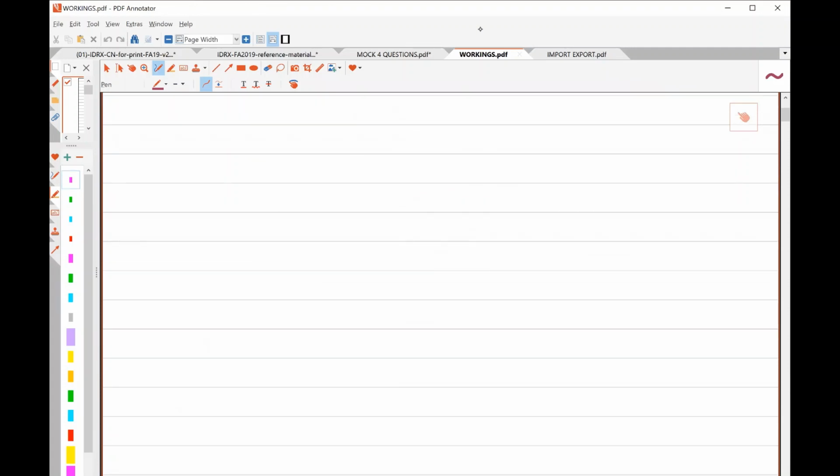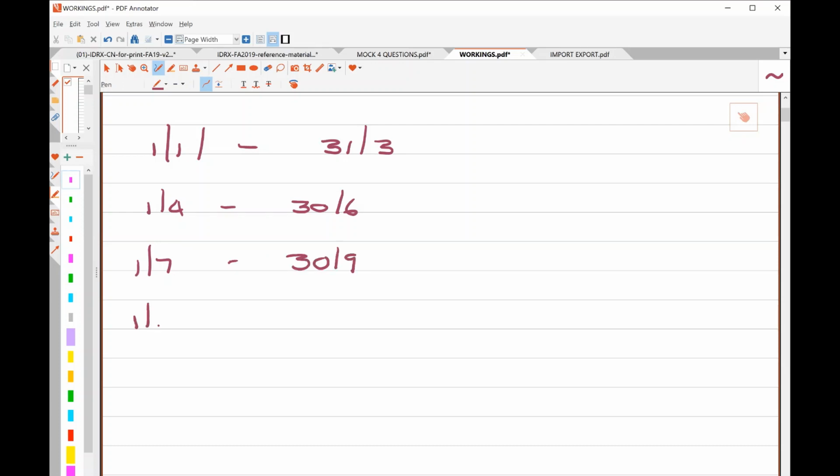They don't all have to be done quarterly. But let's say the period that we're looking at is from the 1st of the 1st through to the 31st of the 3rd. Then the next one along would be the 1st of April through to the 30th of June, then the 1st of July to the 30th of September, and then the 1st of October through to the 31st of December.